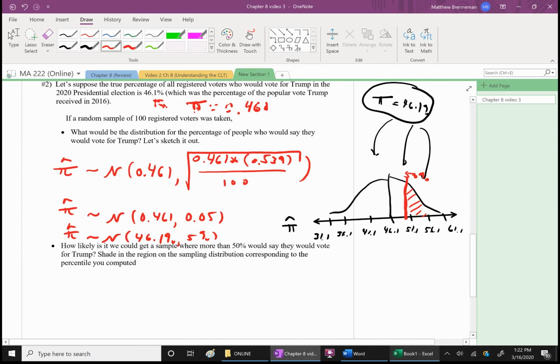So I can compute this using Excel, right? So the probability that we get a sample percentage greater than 50% is equal to the area in the upper tail of 50%.